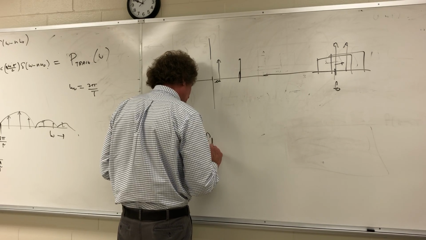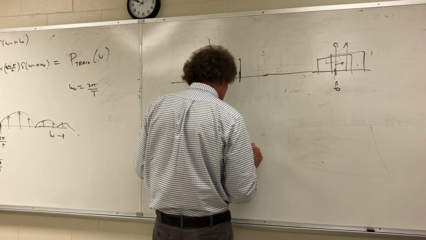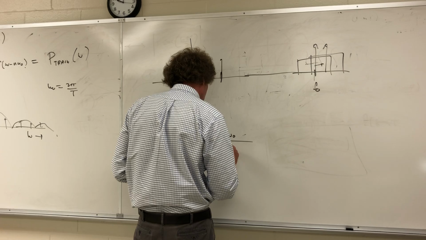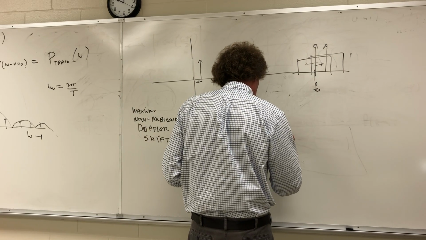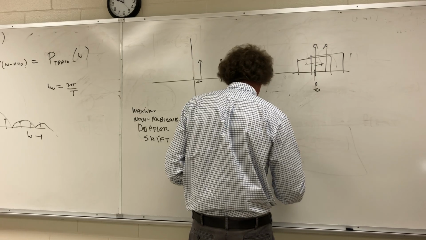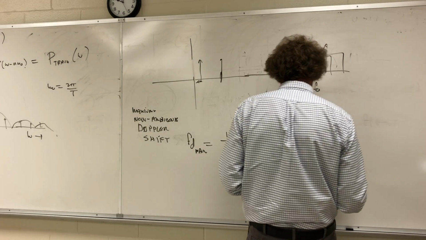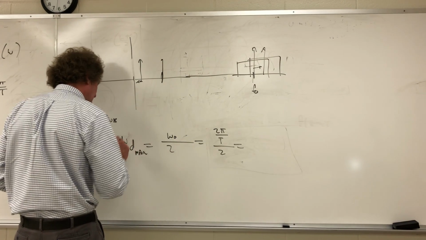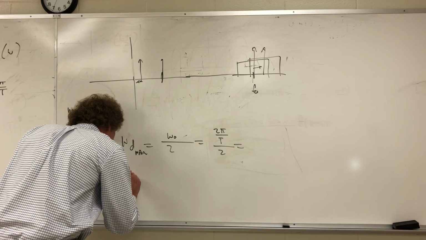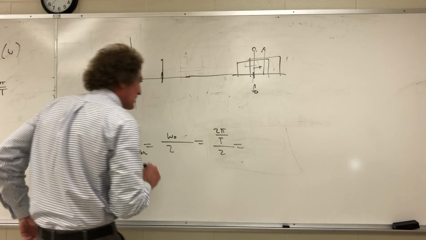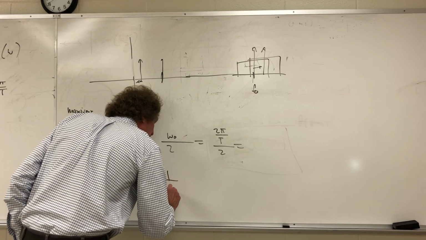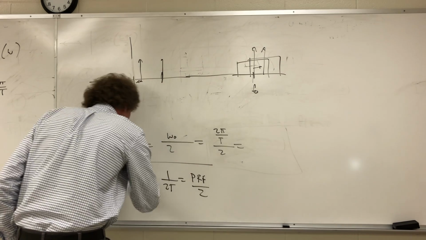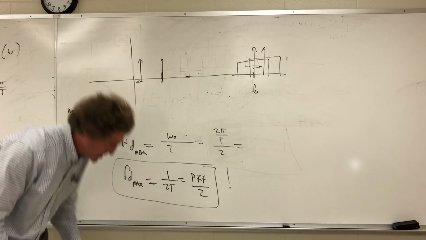Omega Doppler max would be equal to omega naught divided by 2, or 2 pi over T divided by 2. And then F Doppler max, FD max, would be that divided by 2 pi, or it would be 1 over 2T, which is the PRF over 2. Write that down. That's the maximum non-ambiguous Doppler shift.